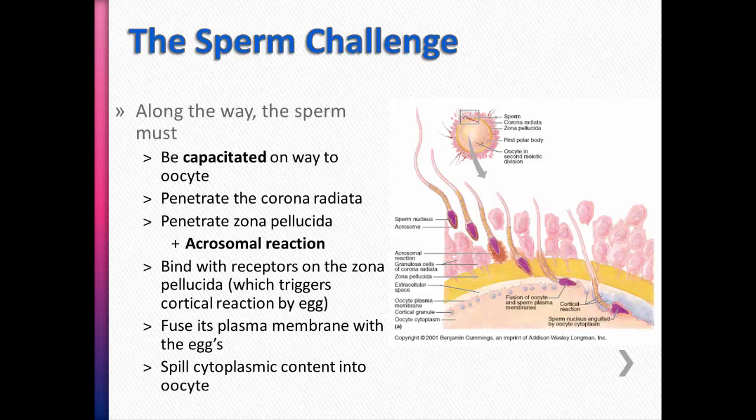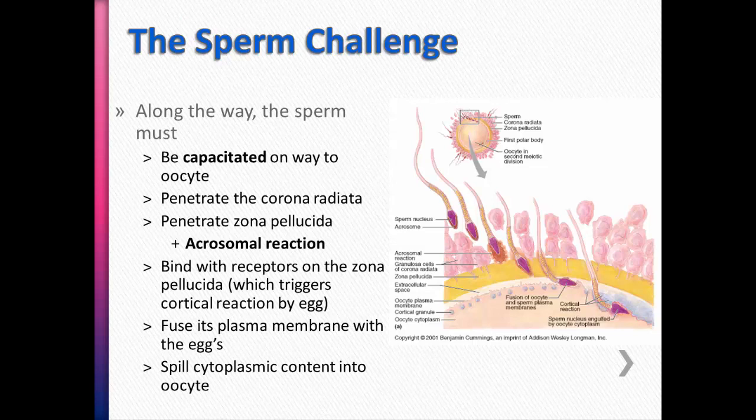Once they find the egg, they have to penetrate the corona radiata, and that's this layer of granulosa cells that are found surrounding the egg. And then they have to penetrate the zona pellucida, which is a jelly-like coating that surrounds the egg, and the process to do that is called the acrosomal reaction, and I'll show that to you in a couple slides.